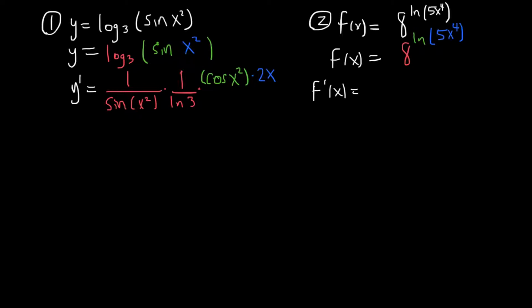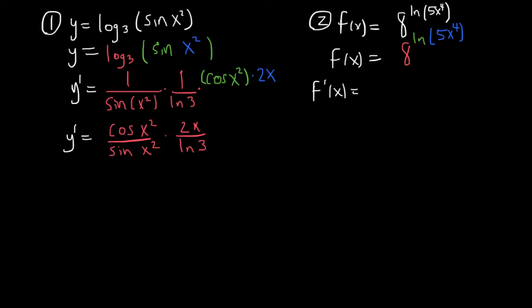Now we can put it all together and have y prime equals, let's see, cosine x squared over sine x squared times 2x over the ln of 3.